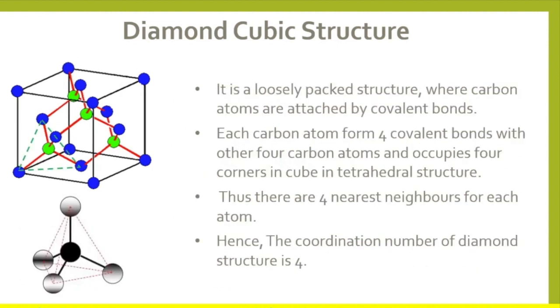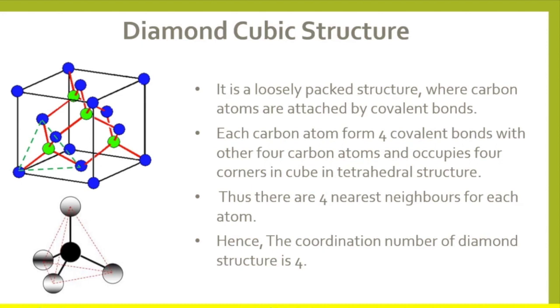Now this diamond cubic structure is a loosely packed structure where the carbon atoms are attached by covalent bonds. As we all know, the valency of a carbon atom is 4 and it can be attached to 4 carbon atoms. So the number of nearest neighbors for each carbon atom is 4, and thus the coordination number of the diamond structure is 4.